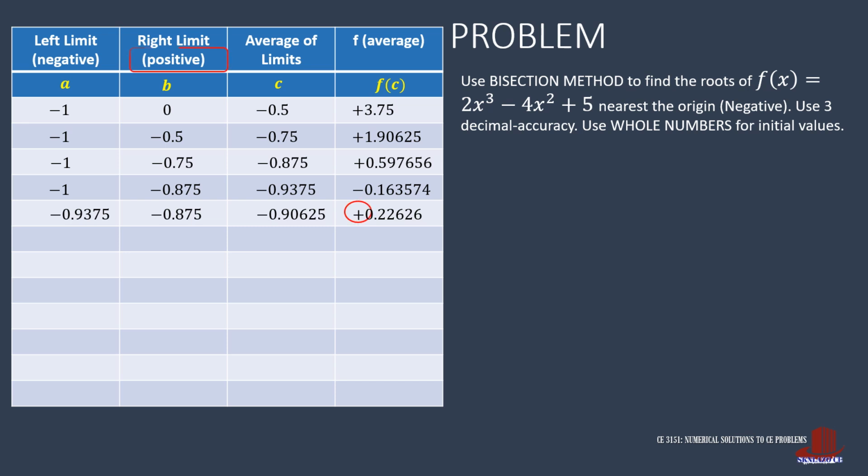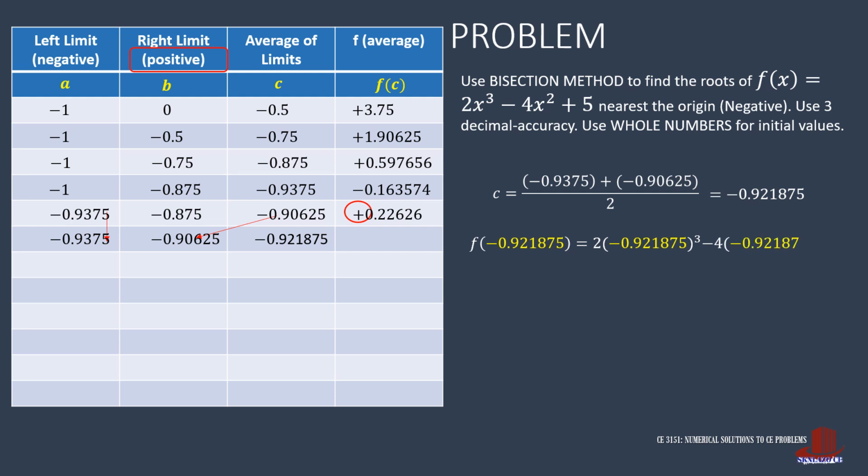Having a positive f of c, which is negative 0.90625, should replace b, and a would remain the same as negative 0.9375. Now take the average of a and b, that is negative 0.9375 less negative 0.90625 all over 2, and this gives negative 0.921875.